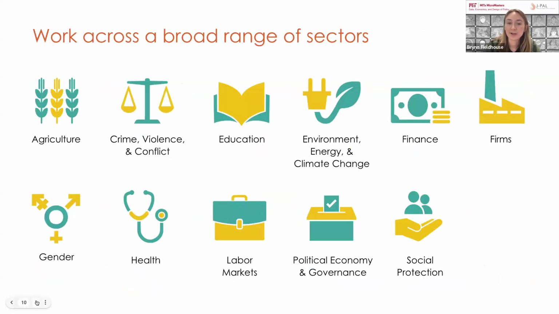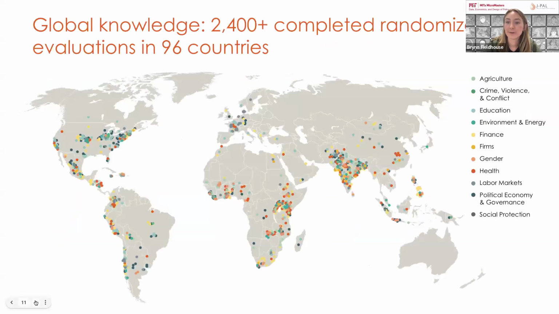JPAL's research is concentrated in 11 sectors. Each sector is supported by a team of experts on staff who work with our affiliated researchers to share their research with wider audiences and draw out key policy insights. To date, our network of researchers have completed over 2,400 randomized evaluations in 96 countries.